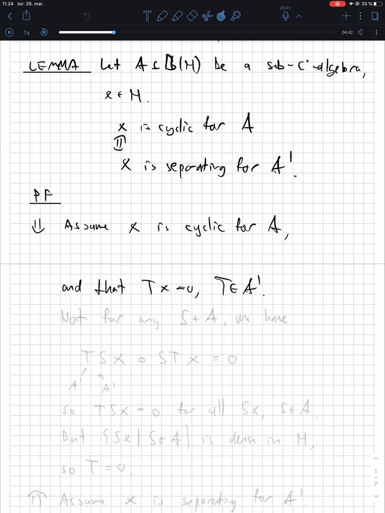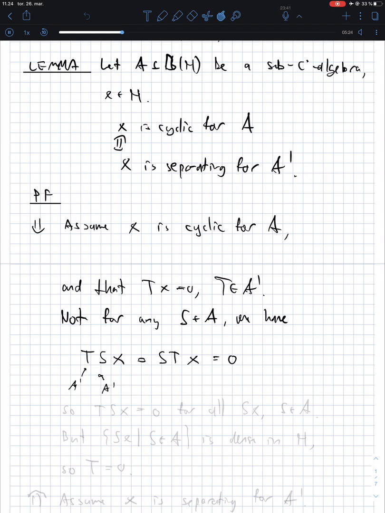Then the goal is to prove that T actually is 0, and hence we have proved that X is separating. So note for any S coming from A, when we apply T to Sx, that is the same as STx, right? Because T comes from A prime, S comes from A, so they commute. And by assumption Tx is 0, so that is 0.